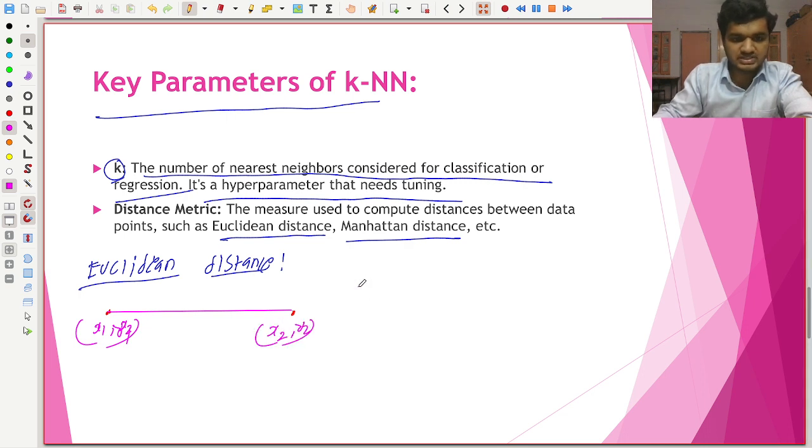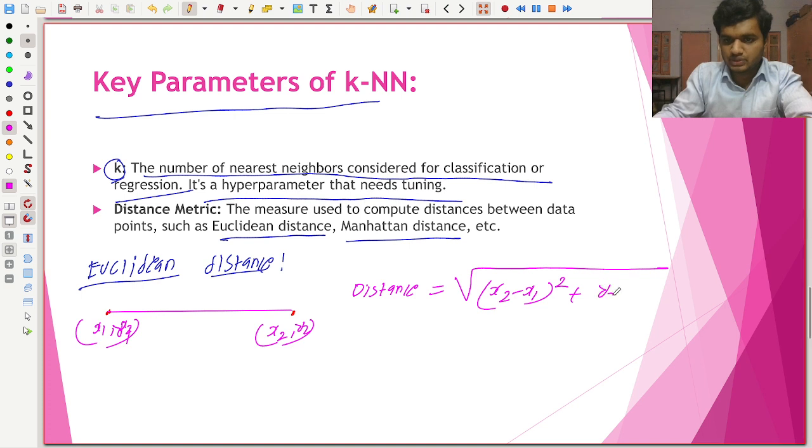So Euclidean distance will be root over x2 minus x1 whole square plus y2 minus y1 whole square. It is your Euclidean distance.